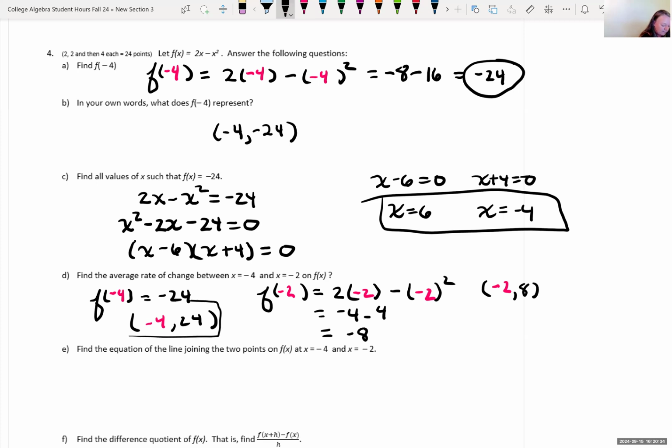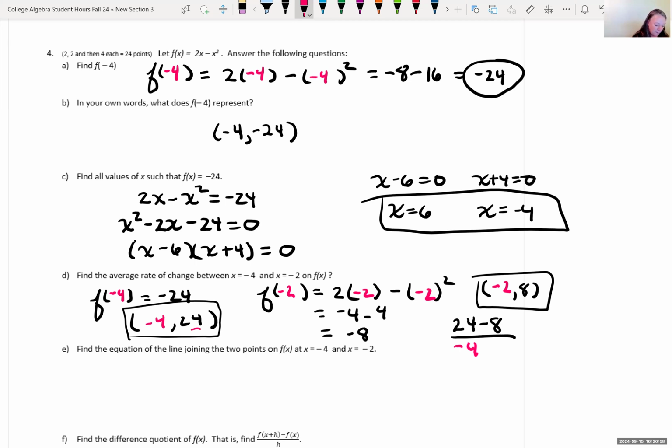So now I want to find the average rate of change on f of x. So I want to find the slope between those 2 points, the line that joins those 2 points. So I'm looking at the change in my y value. So negative 24 minus negative 8 all over the change in my x value. I started with my first point with my y value, so I need to start with the first point with my x value.